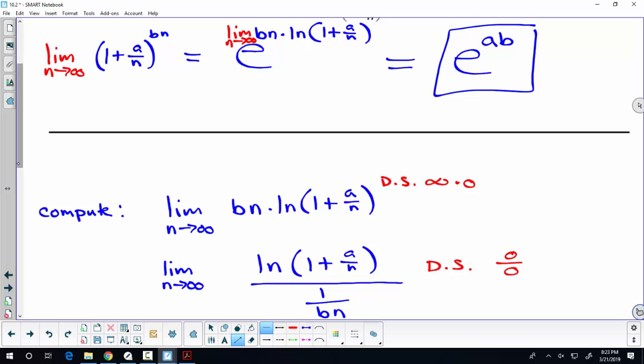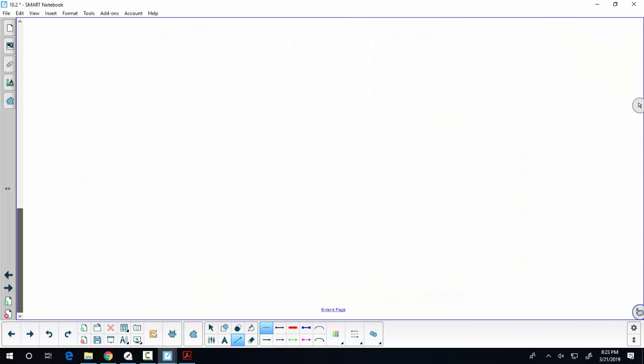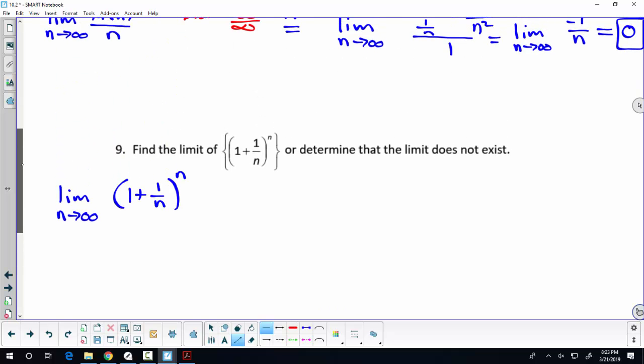So let's look at a couple of these, namely going back to example 9. So example 9 then, what would that be? E to the n.